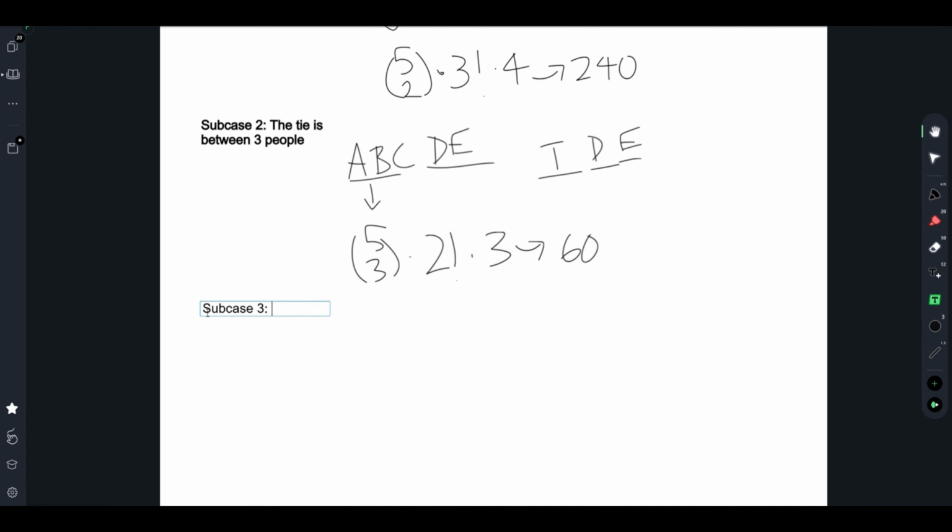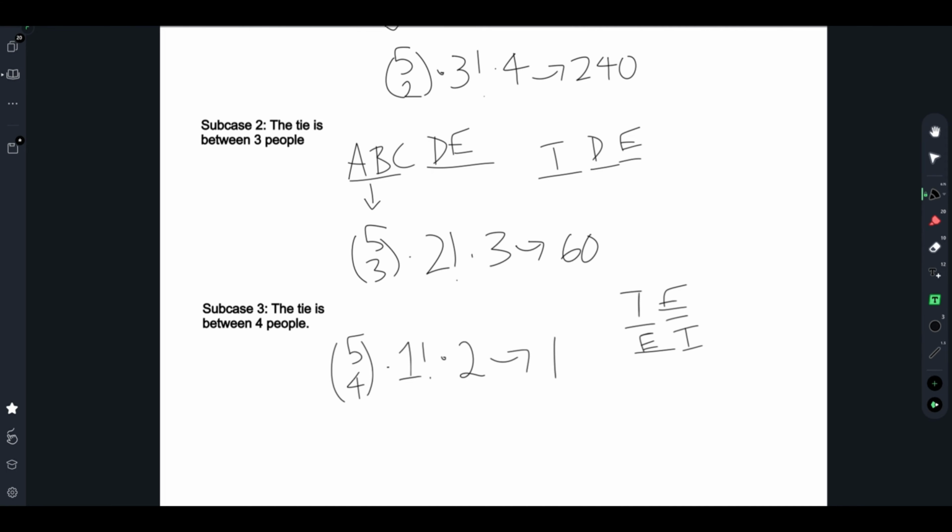Subcase 3, the tie is between 4 people. So we're nearing the end now. 5 choose 4 to choose the 4 people that are going to tie. And then the last person is 1, and the tie can go two places. It can go here or here. So this gives us 10.